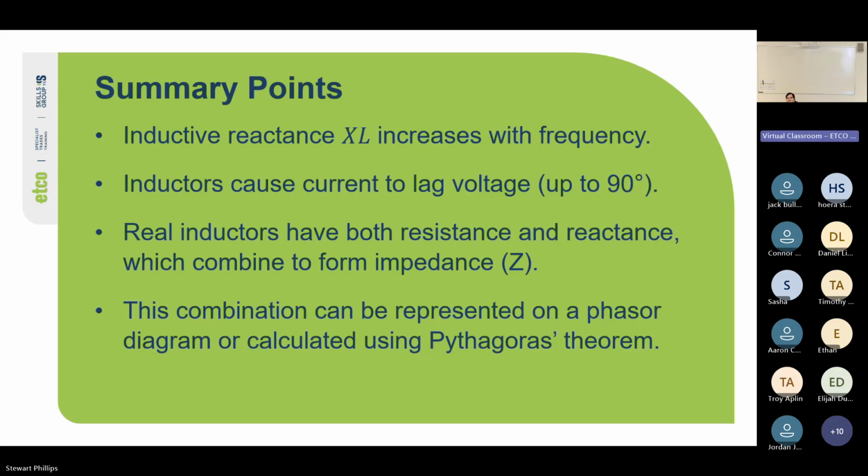So this combination can be represented by a phasor diagram, or it can be calculated using Pythagoras theorem. So we can draw it to scale and measure it and figure out the impedance that way, or we can calculate it using Pythagoras theorem. I'll give you guys a moment to get those notes down.